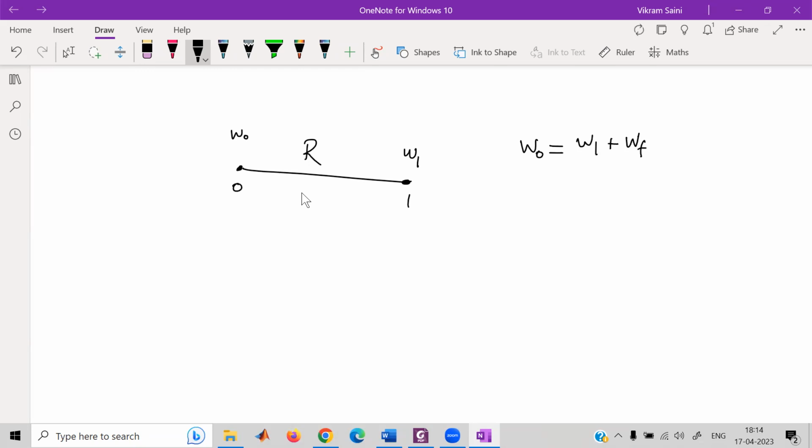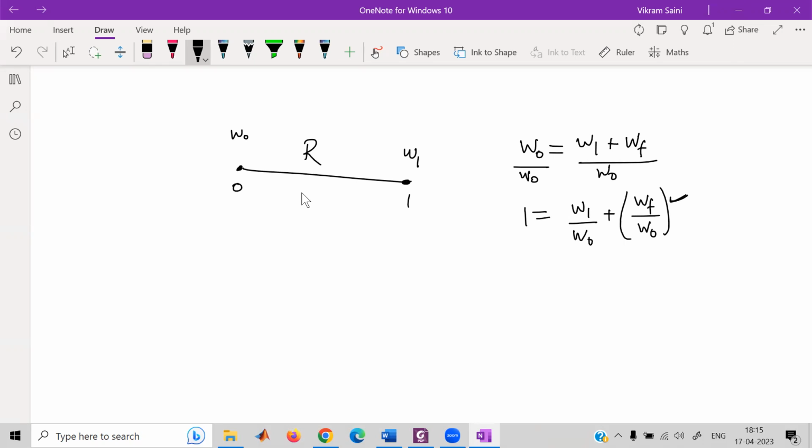So if I divide by W naught on both sides, what are we going to end up with? 1 is equal to W1 over W naught plus W of F over W naught. So what quantity are we interested in?